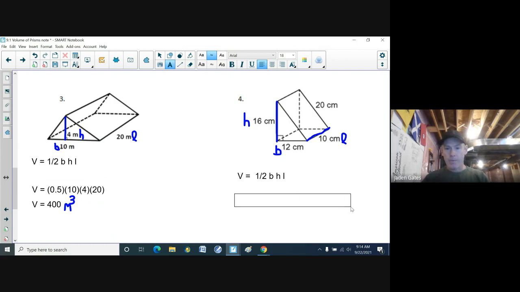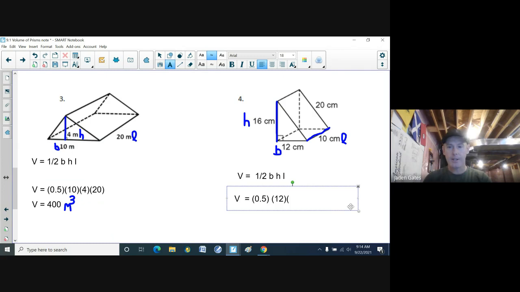All right, so I'm going to plug all my information into my formula. My volume is equal to 1/2, which is a decimal. Let's get rid of that fraction; it's just a divided-by question. 1 divided by 2 is 0.5. My base is 12.